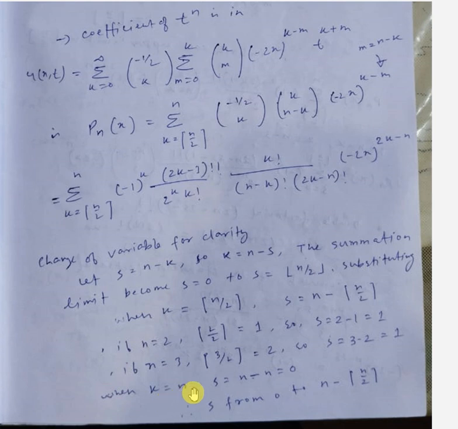So if k is equal to n, then s is equal to what? n minus n, which is 0. Because of integer value, if n is equal to 3, then 3 by 2 is 1, so 3 minus 1 will be 2. So s goes from 0 up to n minus n by 2.